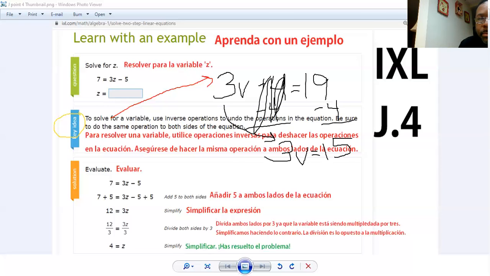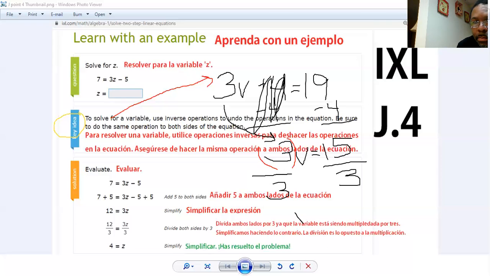All right, now we need to solve for v. 3v is really 3 times v. So since 3v is 3 times v, we're going to divide by 3 to have v by itself. 3 divided by 3 is 1.